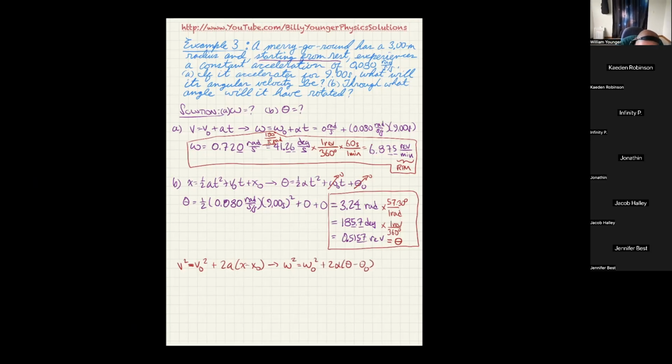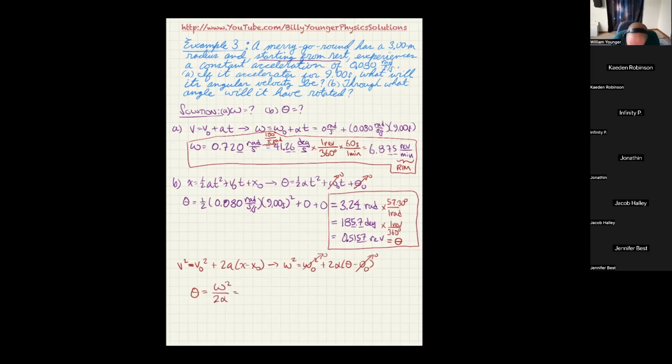And again, we're always allowed to assume the initial theta or the initial x is 0. In this case, it did start from rest, so that's 0. So ultimately, what I get is theta would be equal to omega squared over 2 alpha.